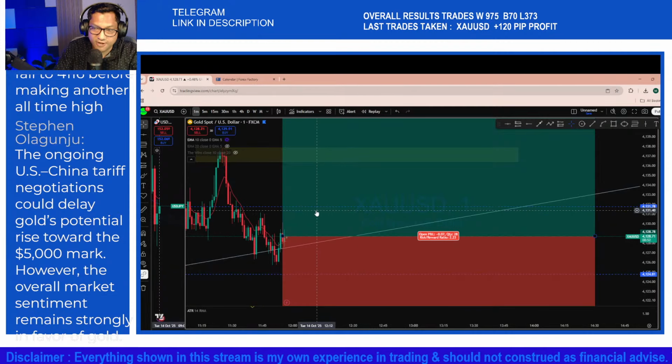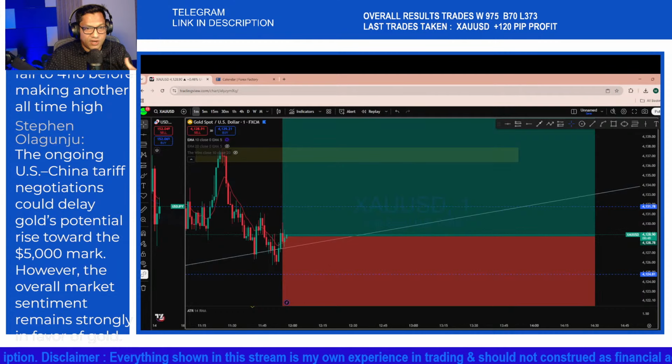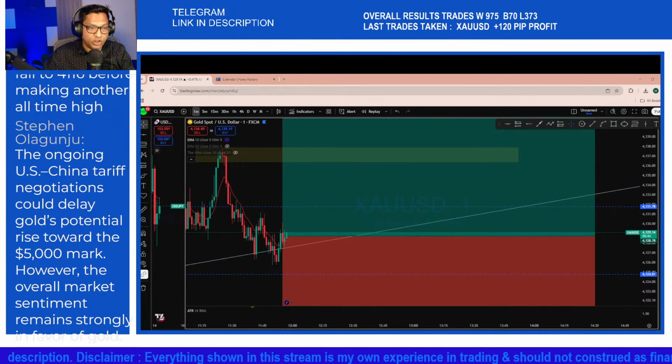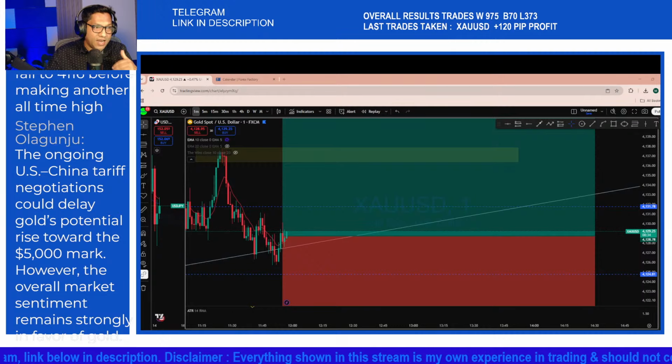That's what we're looking at. That's where our entry is, and we want to see the price give us enough decent profit before we take out any position. You guys have seen that in our previous trade, how we have done, and that's what we are looking at. This is where our goal is, to find the best trade and let it run.